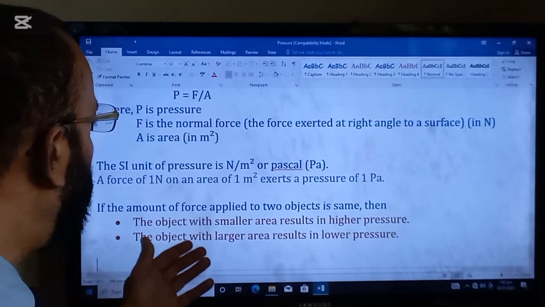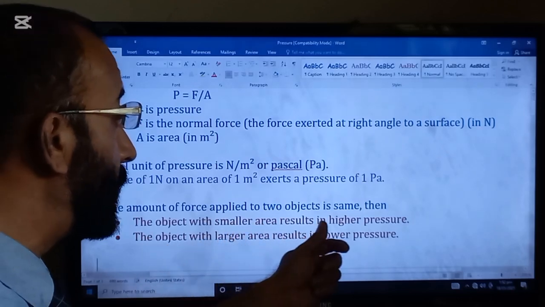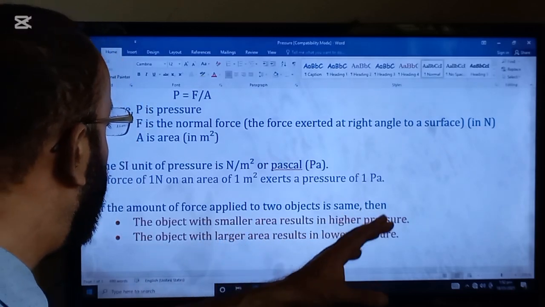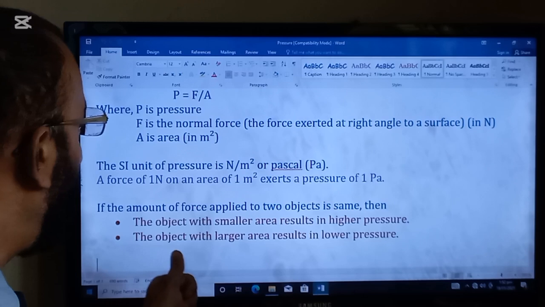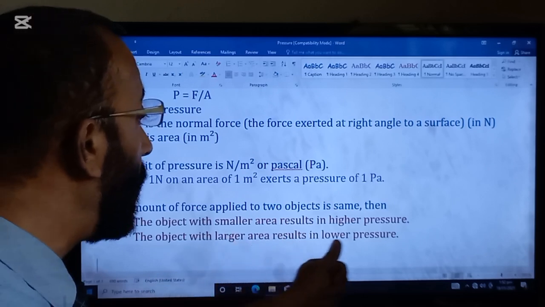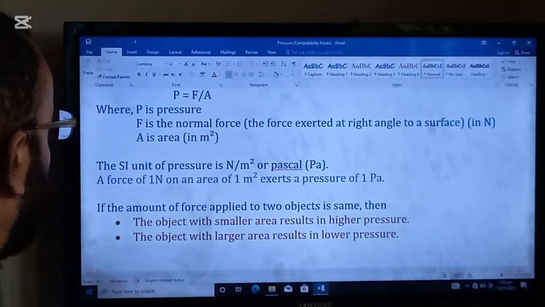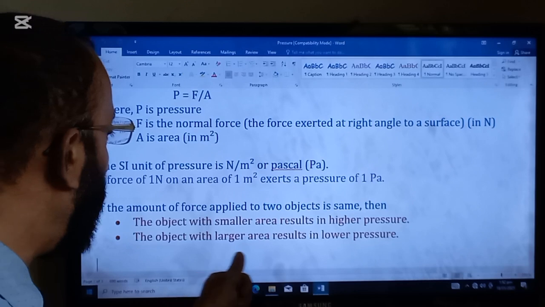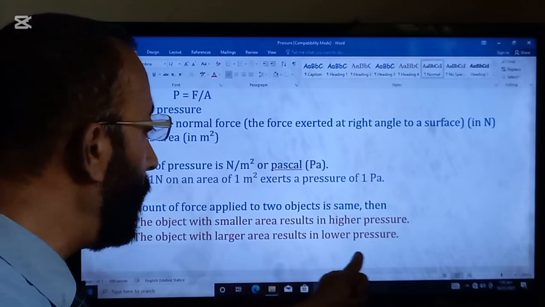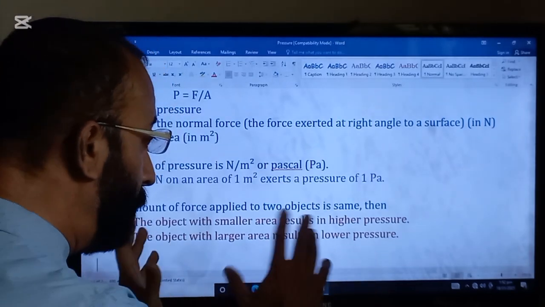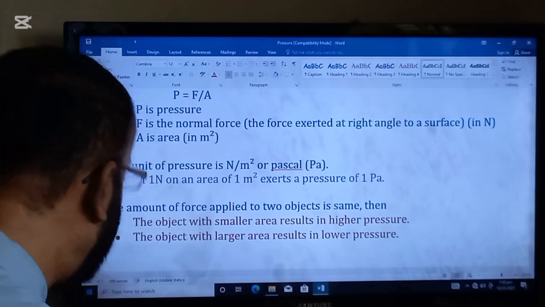If the amount of the force applied to two objects is same, then the object with a smaller area results in higher pressure, and the object with larger area results in lower pressure. Very important point.